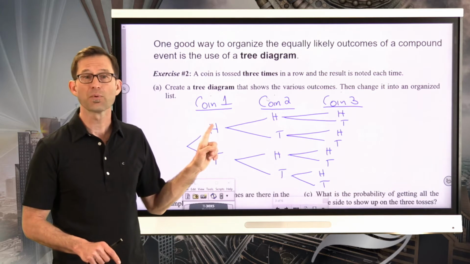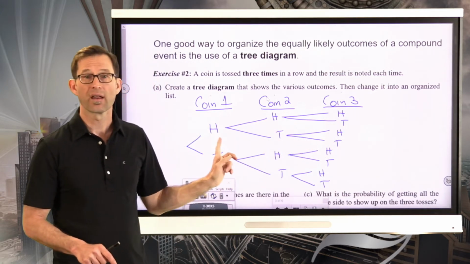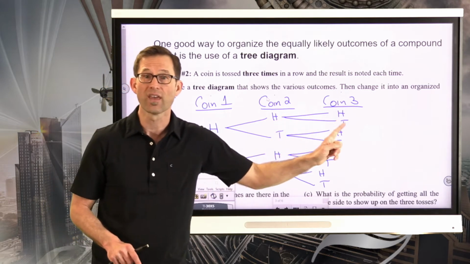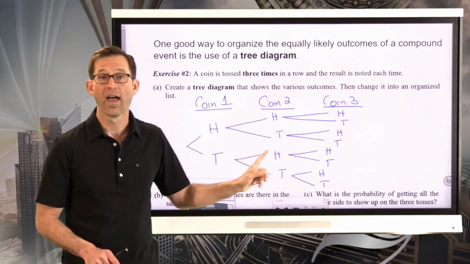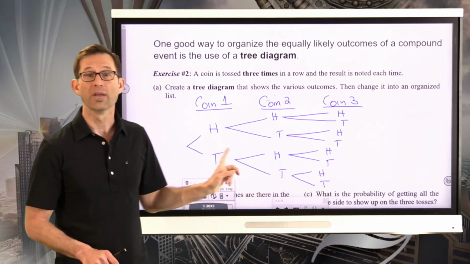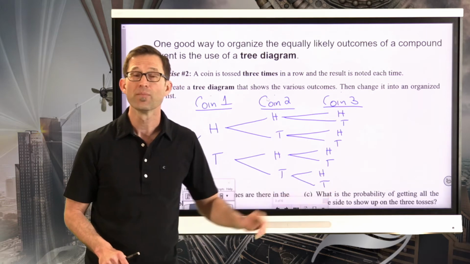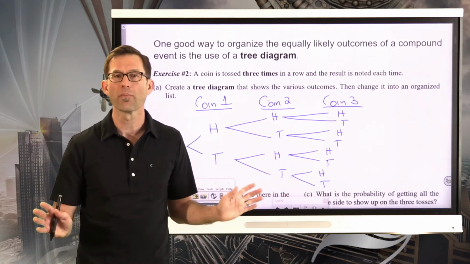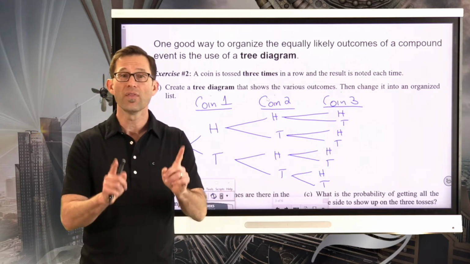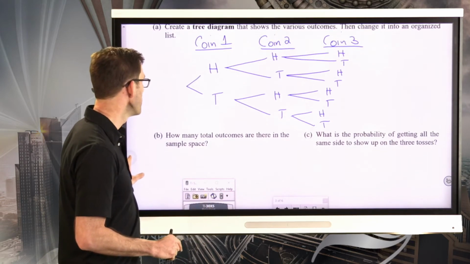On the other hand, this particular path, head, head, tail, means I got a head on coin 1, a head on coin 2, and a tail on coin 3. If I did a tail, then a head and then a tail, that would mean a tail on coin 1, a head on coin 2, a tail on coin 3. So it just allows us to visualize all the different paths we could take in this compound event.